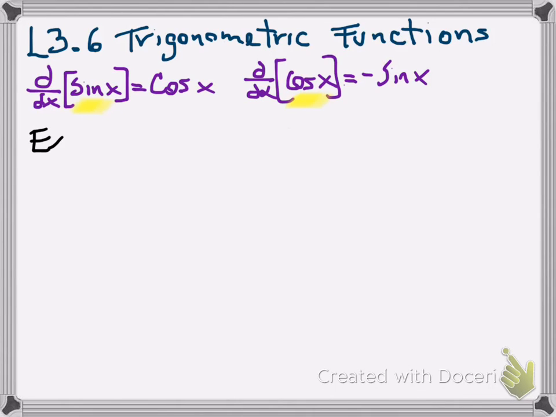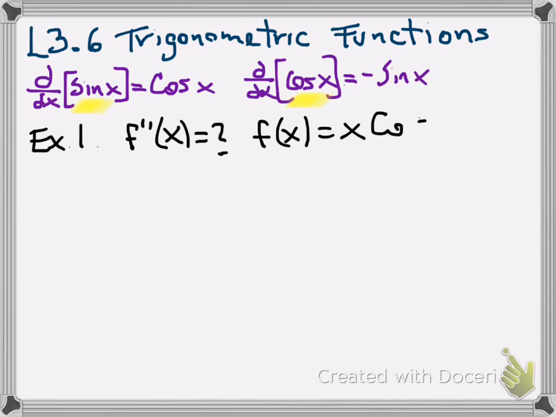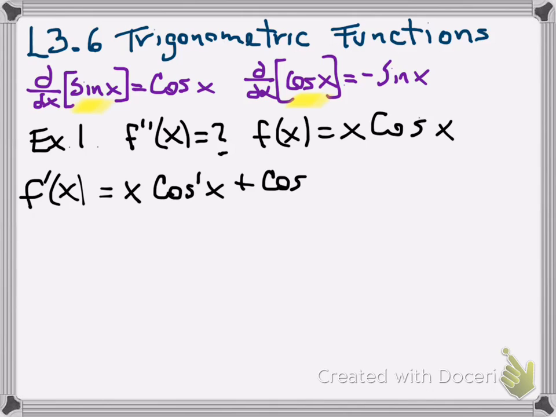This is example number 1 that says that you have to calculate the second derivative of f of x if f of x equals x cosine of x. So this is a product. We have two functions. x is the first one and cosine of x is the second one. So by the product rule, the first derivative will be the first one times the derivative of the second one, the derivative of cosine of x, plus the second one, cosine of x, times the derivative of the first one.